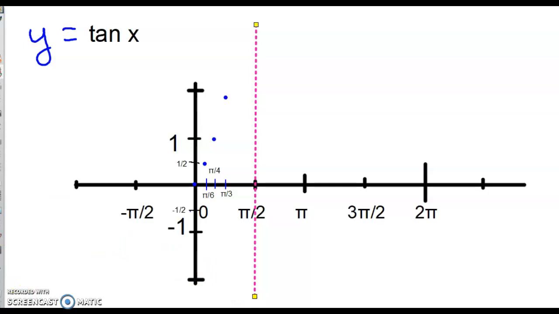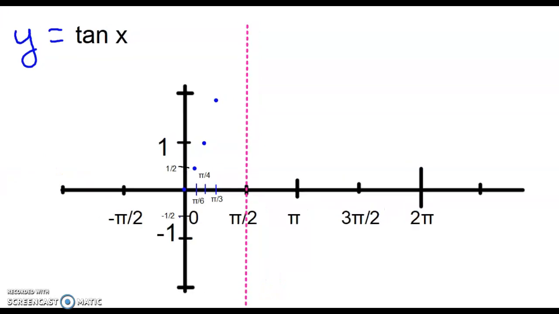Okay. So at 120 degrees, we're going to be at a negative 1.73, which happens to be a root 3.